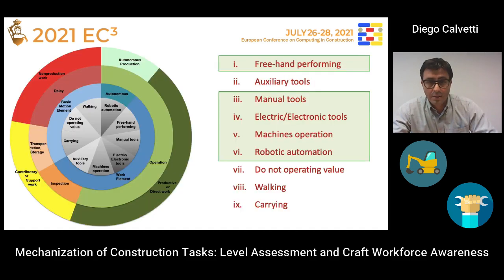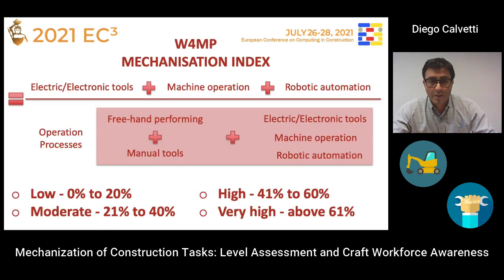As I will bring the figure again, you can see here we just use for the mechanization index that green part, the operative one. Also, it is important to notice that the process should be modeled based on the crew performance, not only on one or two workers. And after that, over the results, we suggested classifications of low, moderate, high, or very high.